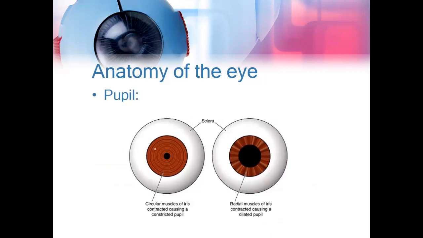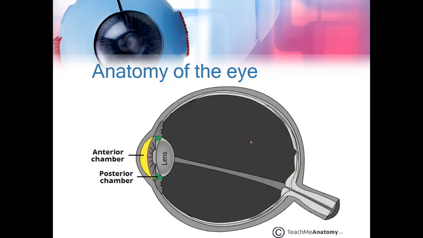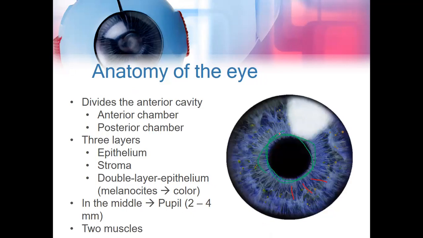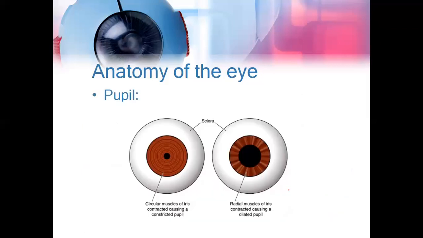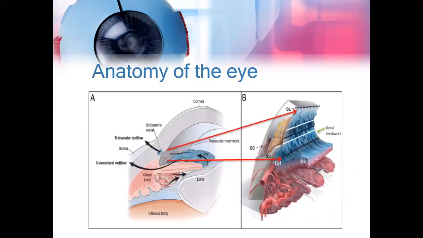I didn't remember I had this slide. So the sphincter and the radial muscles. Remember, here we have the round fibers, which are related to the sphincter, and the radial fibers that are related to the radial muscles.